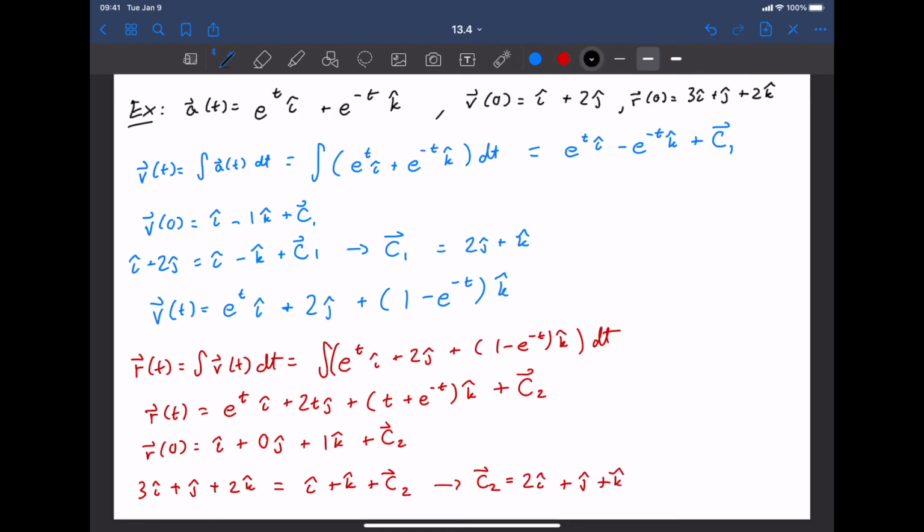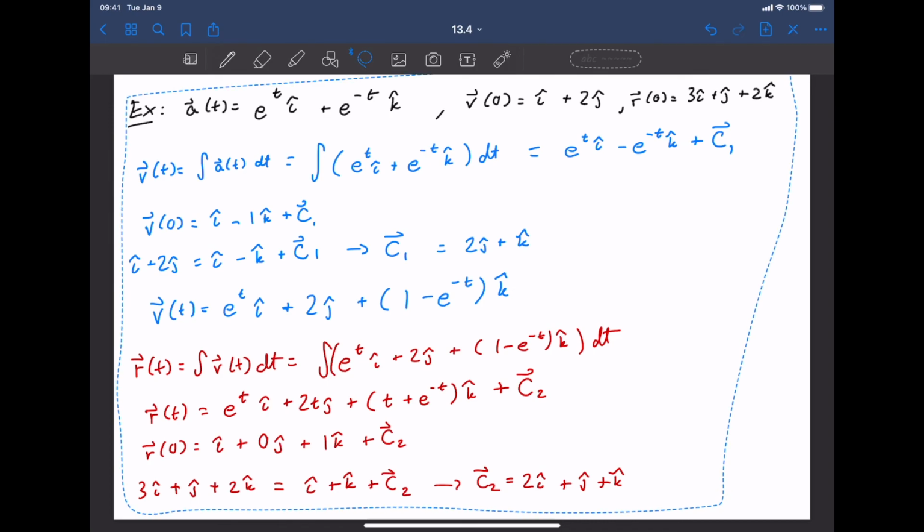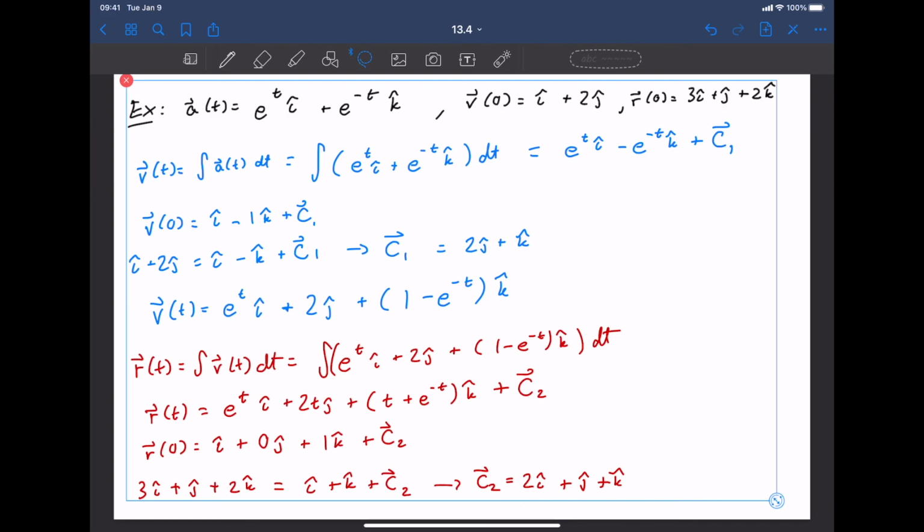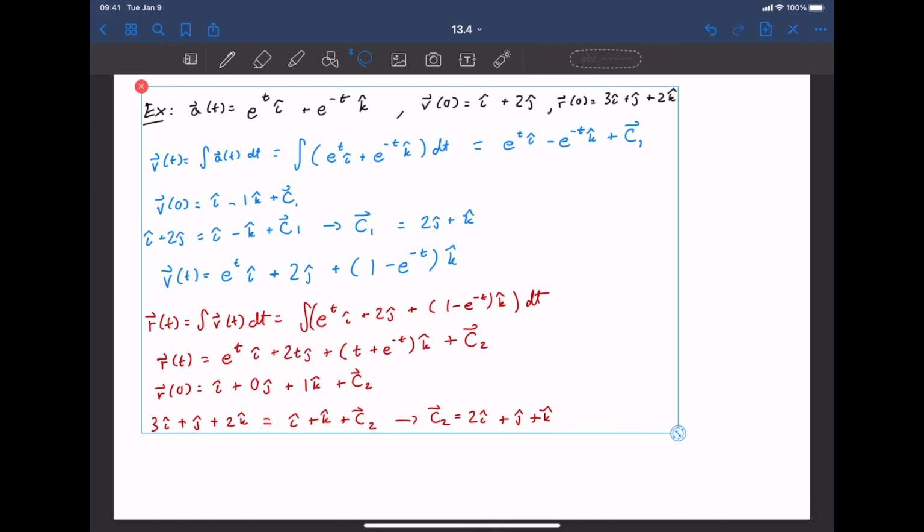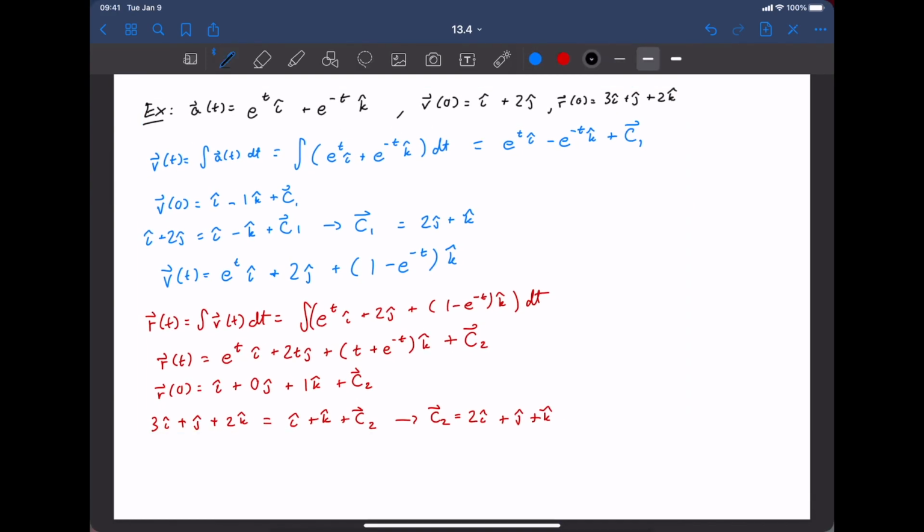So if we put it all together, I'm just going to change color here. r of t is, presto changeo, I shrunk it. So r of t, putting this all together, again, grouping the components.